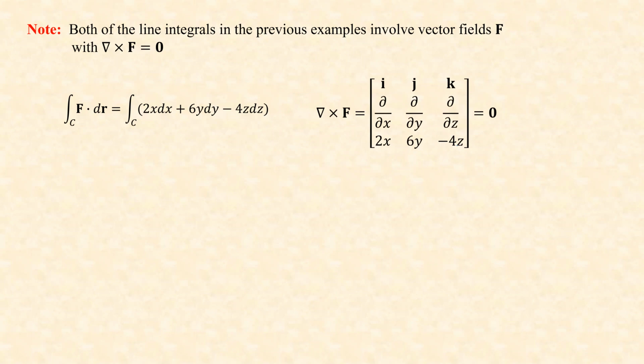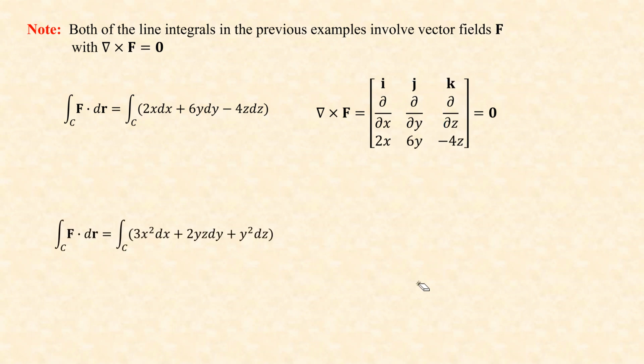And you see that all the components of this determinant are 0. The derivative with respect to y and the derivative with respect to z is 0. For the y component, the derivative with respect to x and with respect to z is 0. Look at the z component, these derivatives are all 0. So the curl of F is 0.